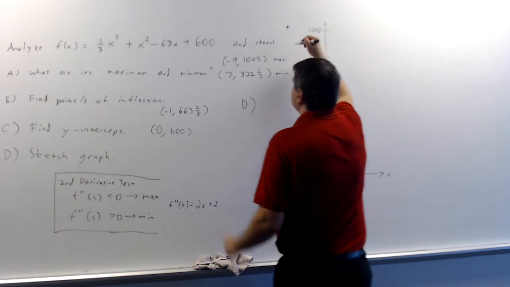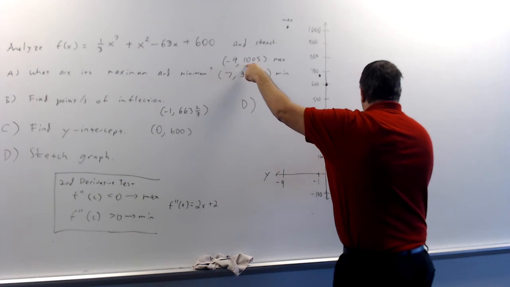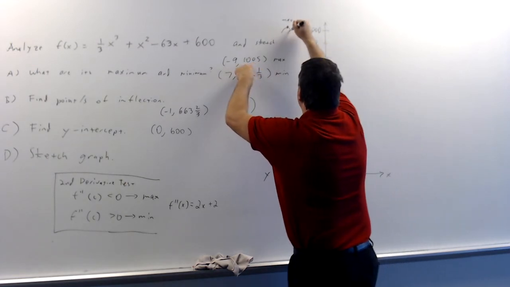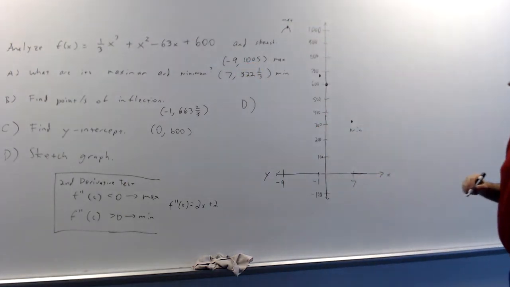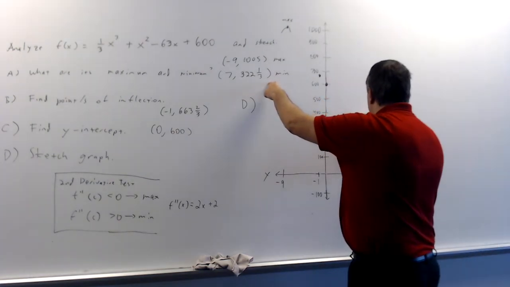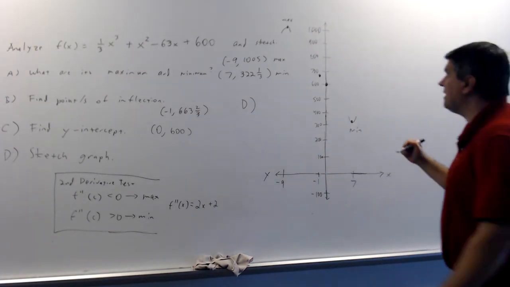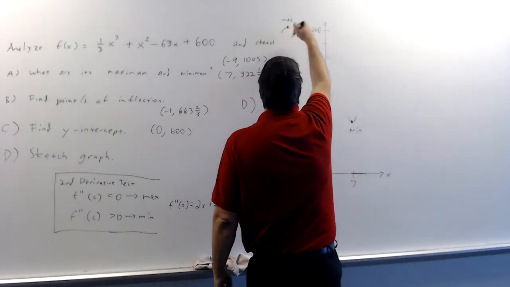Okay, so this is supposed to be a max. This is supposed to be a min. So I'm going to make it look like one. It should be a hump. I'm going to make the min look like one. It should be the tip of a valley. And then I'm just going to play a nice little game of connect the dots.